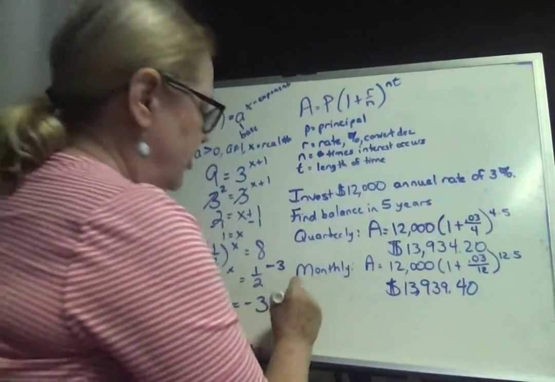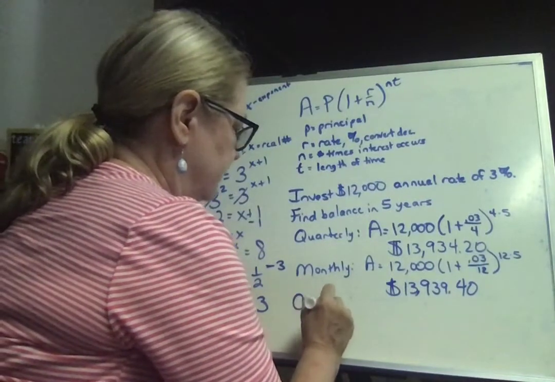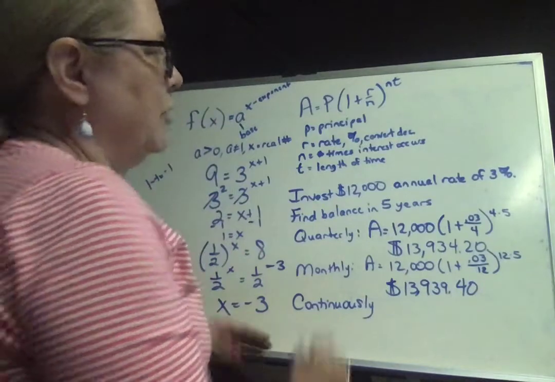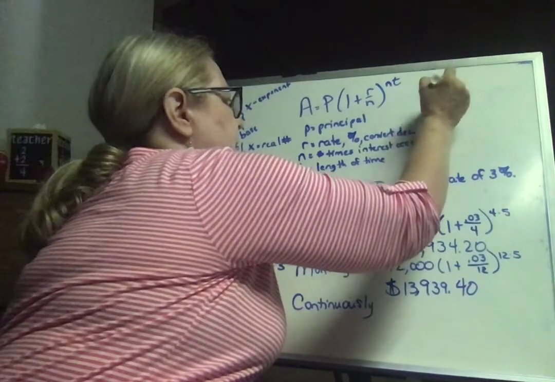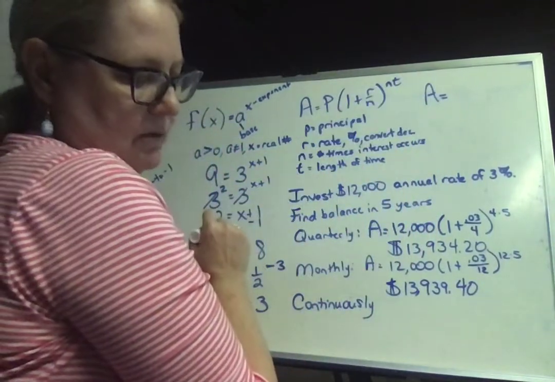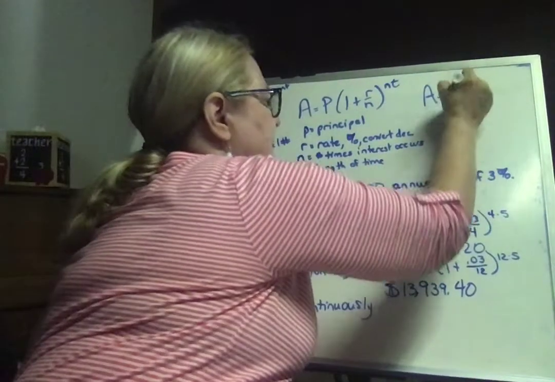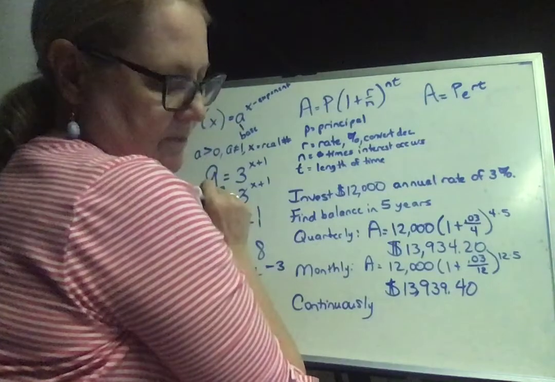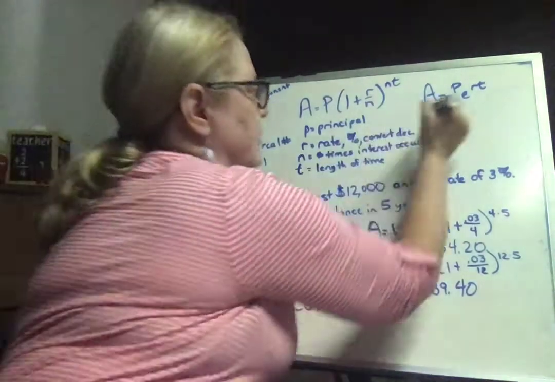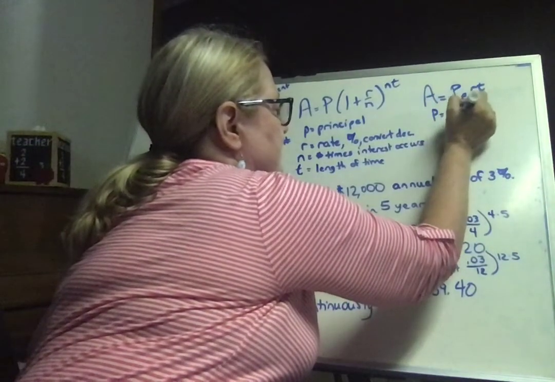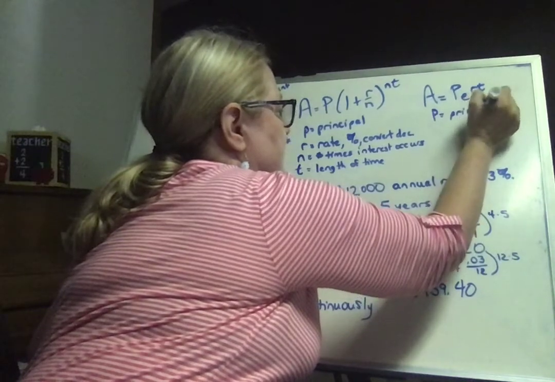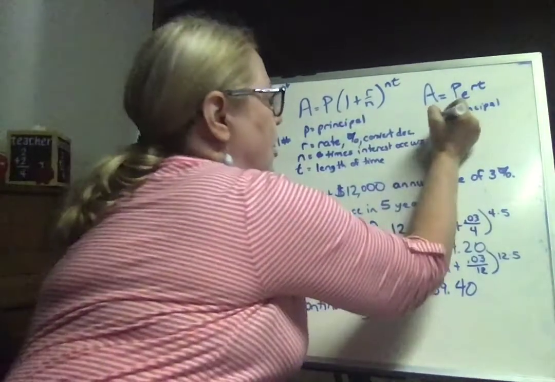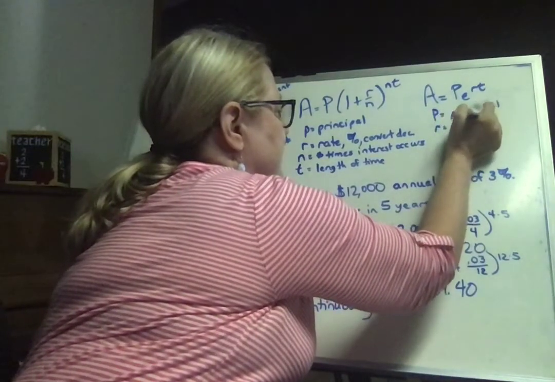And then it will use this continuously. Now, different formula, so you need to write that. A equals Pe to the rt. P is still principal. e is 2.718, etc. r equals rate.